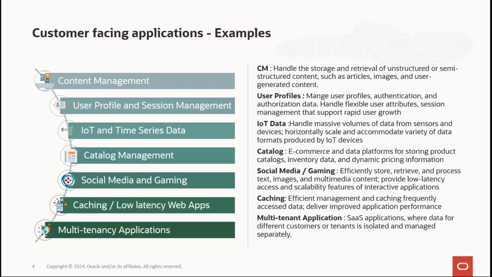Walmart uses catalog management. All kinds of stores use some form of catalog management, social media, and gaming. Gaming gets used a lot in the sense of keeping the status of the game, keeping track of the players, keeping track of essentially metadata for the game. Caching, a lot of the effects that you see with caching, again, is really a metadata store, and then multi-tenant applications.